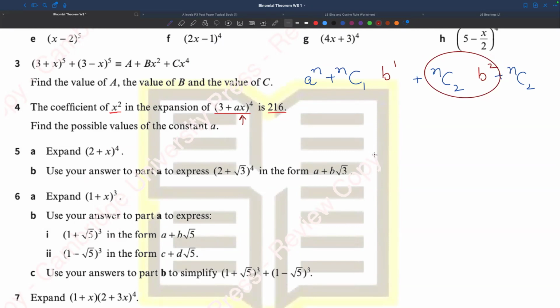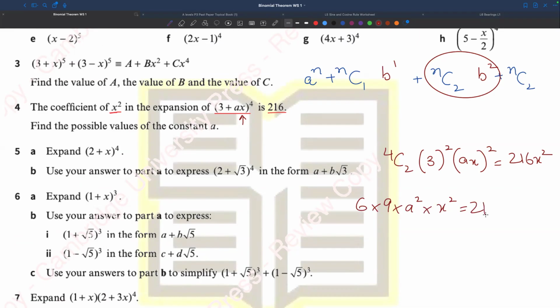So I will write 4c2 a to the power 4 minus 2 and b to the power of 2 is equal to 216x square. 4c2 is, I think, 6 into 9 into a square into x square is equal to 216 x square. x square gone. a square is equal to 216 divided by 54, which is equal to 4. So a will be equal to 2.